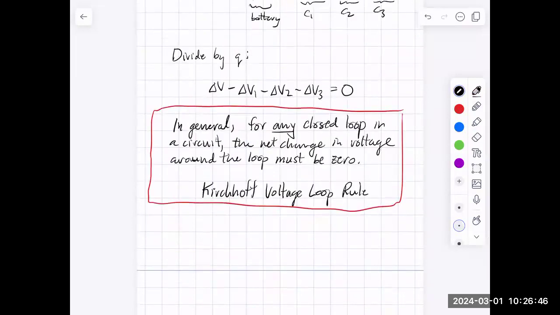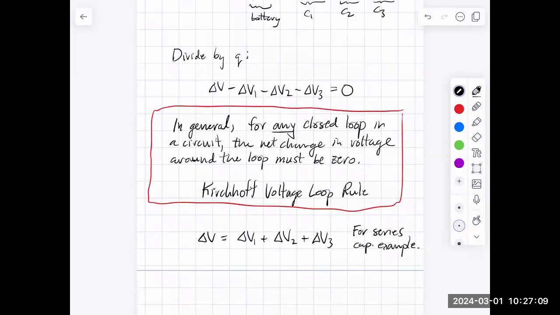Okay, so for our capacitor example then, what we have is delta V of the battery must be equal to delta V1 of capacitor 1 plus delta V2 plus delta V3. So this is for our series capacitor example.